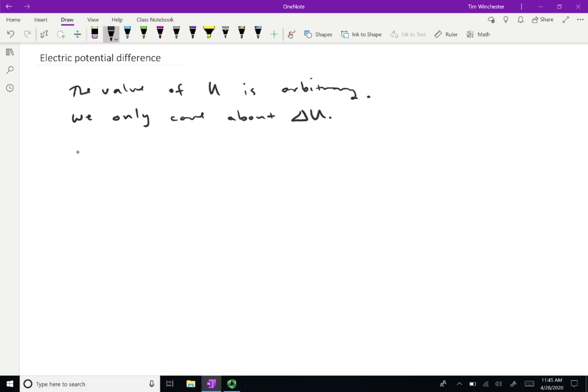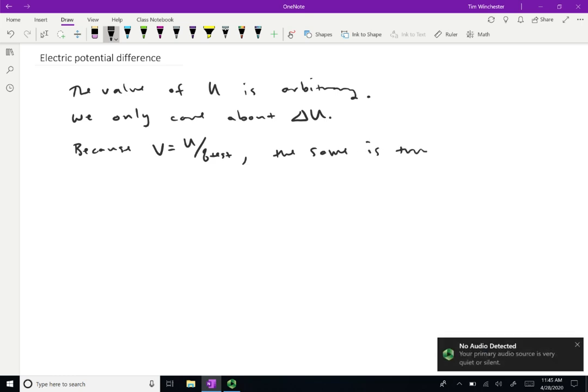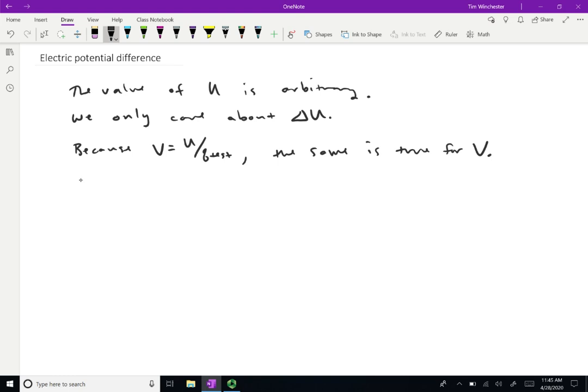Because we have V equal to U divided by Q test, the same thing has to be true for V. In particular, the value of V is meaningless. All we care about is differences.